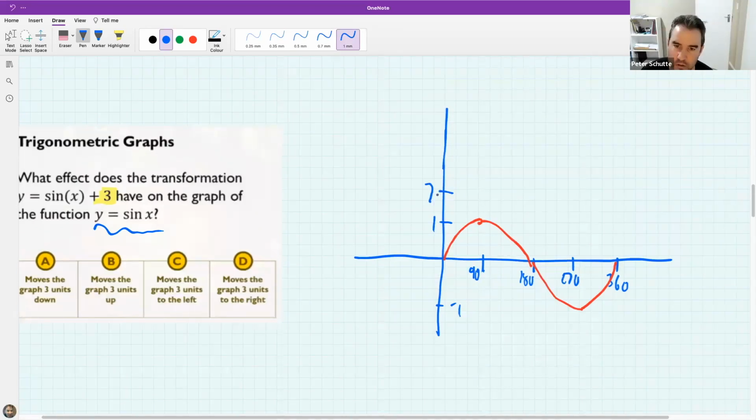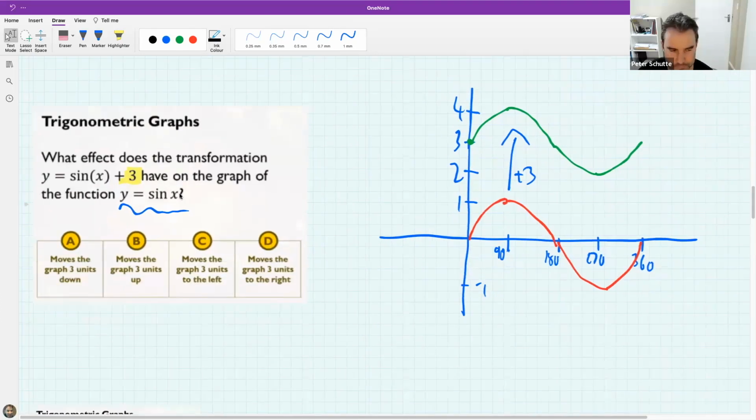So I'm going to go 2, 3, 4, and I'm going to start here, and it's just going to go up, and then down, and then down, and then up. And so the whole graph has just shifted up by +3. And so that's what the question is kind of showing.